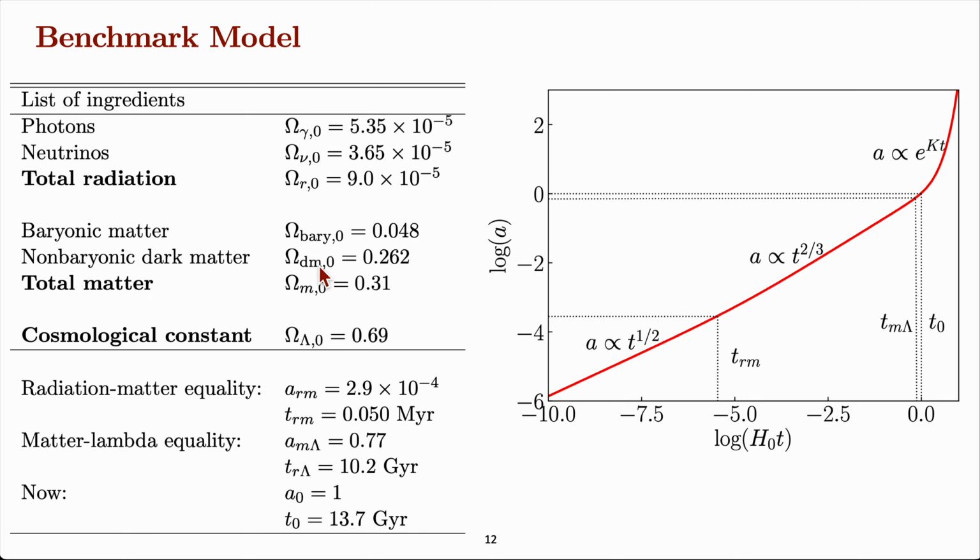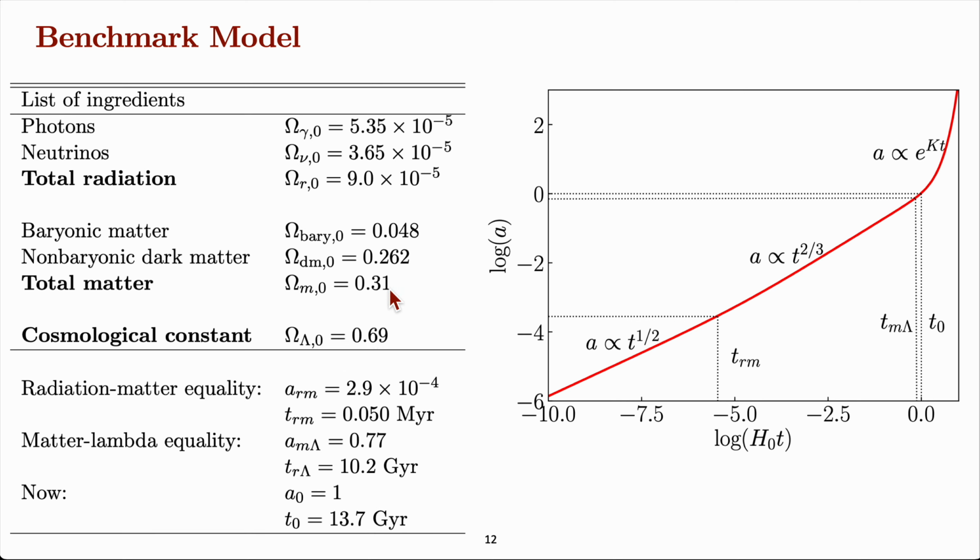And in it, the normal matter component is slightly less than 5%, and 26% is what we call dark matter. We know it's there, but we don't know what it is. And the cosmological constant is close to 70%.